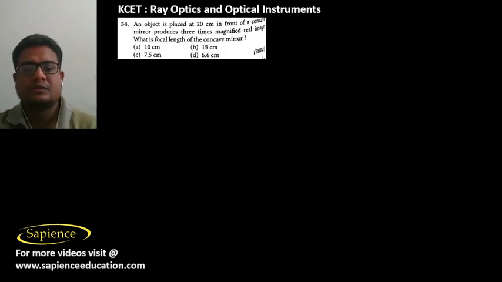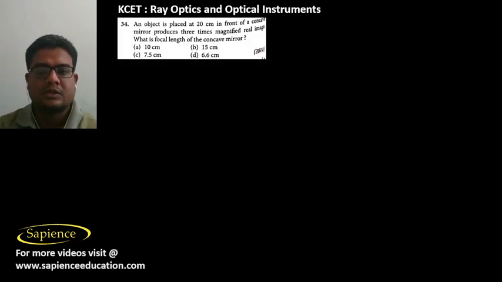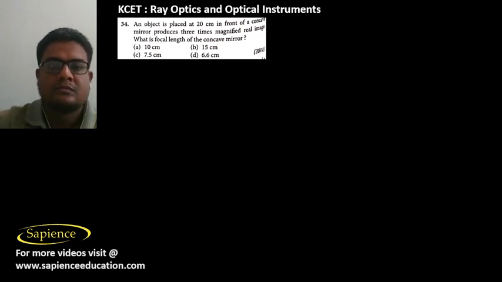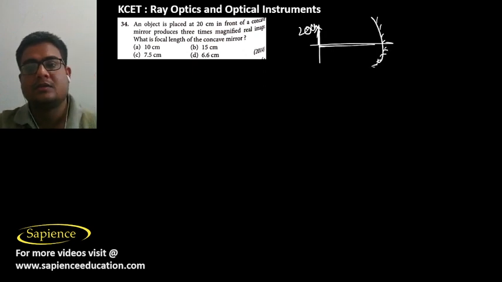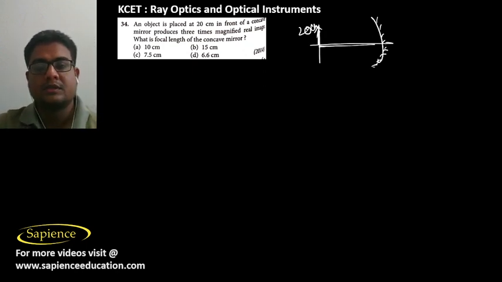In question number 34, an object is placed at a distance of 20 centimeter in front of a concave mirror, and produces 3 times magnified real image.